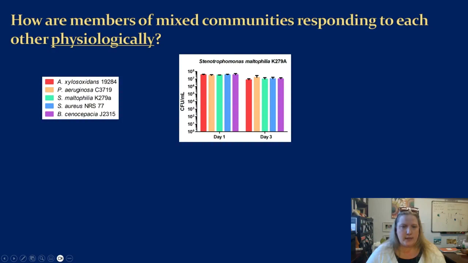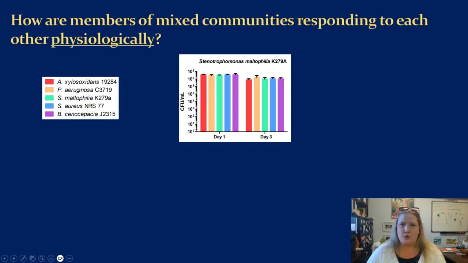where we have 2 different days. So we analyzed biofilm formation 1 day after inoculating or 3 days after inoculating. And for this particular organism, we're going to look at the amount of Stenotrophomonas maltophilia when it was in these different conditions. In this case, the green bar is the monoculture, or this organism by itself.